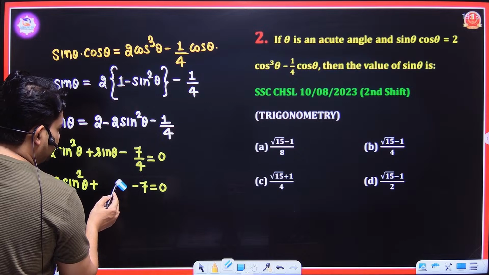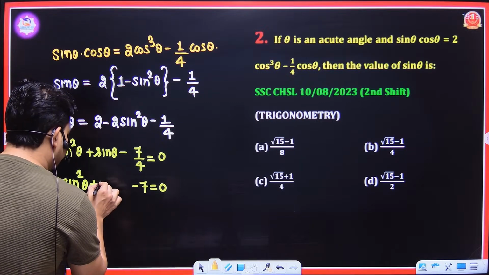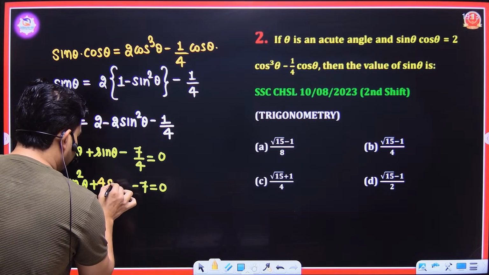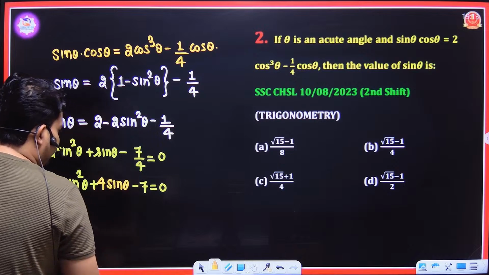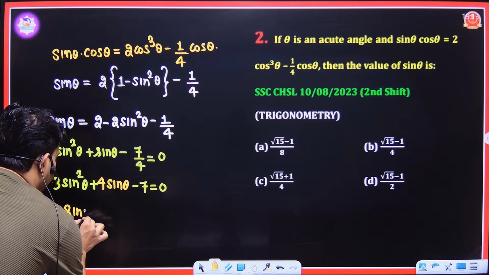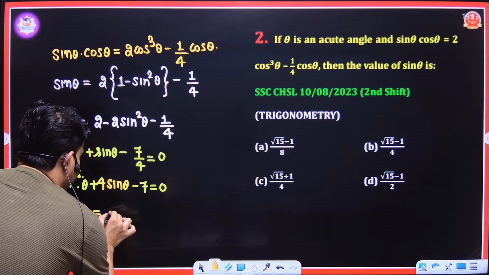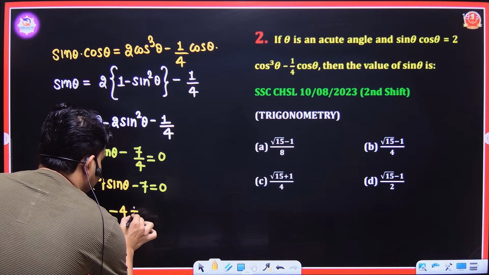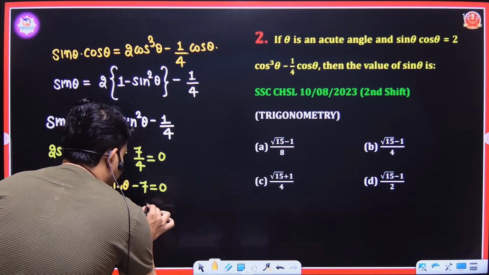So what will we use? We use the Sridharacharya method. What the Sridharacharya method says, we can write sine theta is equal to minus b plus minus the root of b square minus 4ac, divided by 2a.